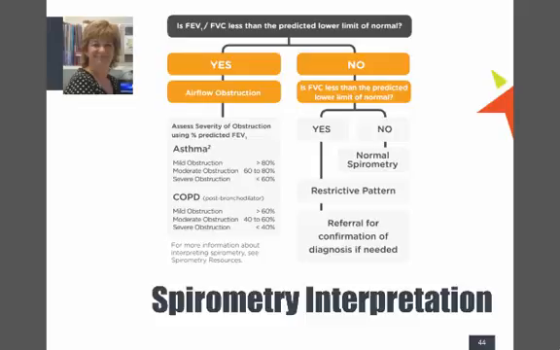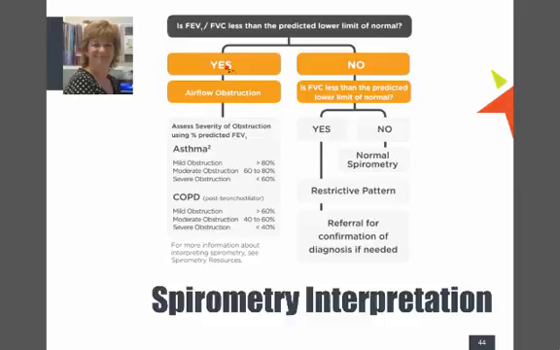If it's lower, there's obstruction. If it's not, there's not. If your ratio is not below a predicted value, we'll look at how you can find that in a minute, or 70% as per the Asthma Foundation, you don't have obstruction. You've got to have narrowing of airways to have obstruction.